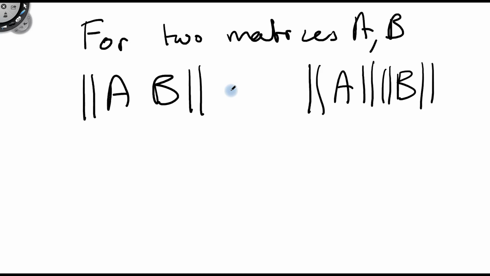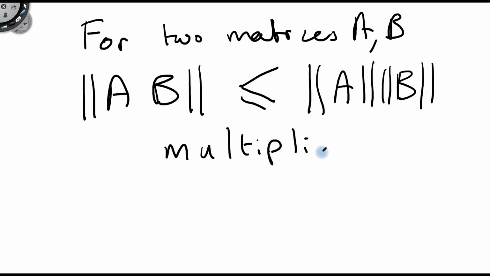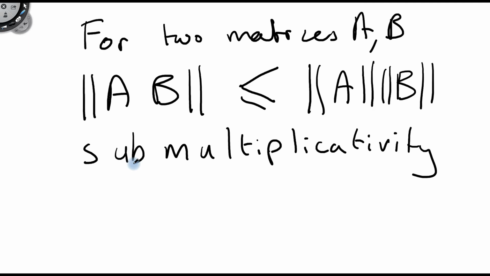And it turns out that it's actually less than or equal. That's the statement we can say. So it turns out that it's a form of multiplicativity, it's actually sub-multiplicativity. And if you can say that after a few drinks, then you're doing very well.